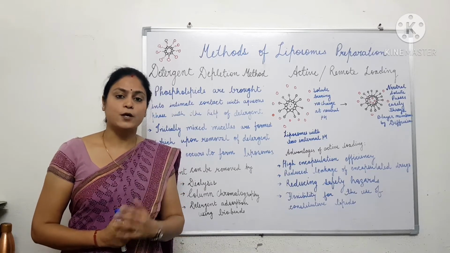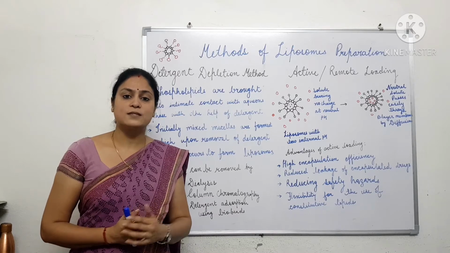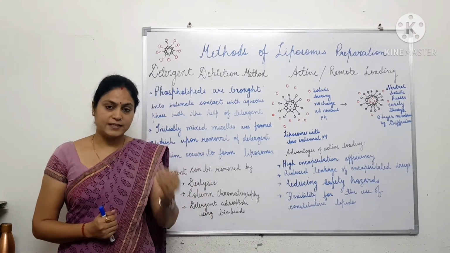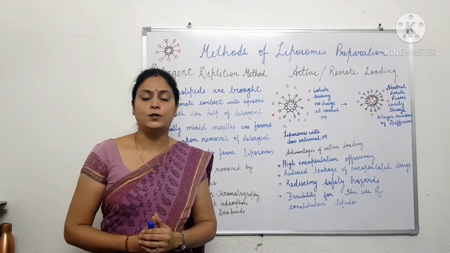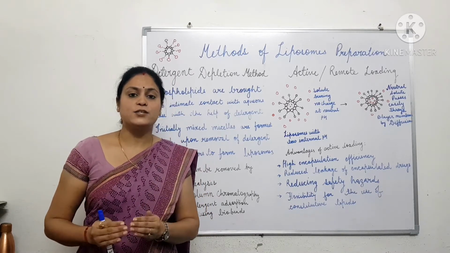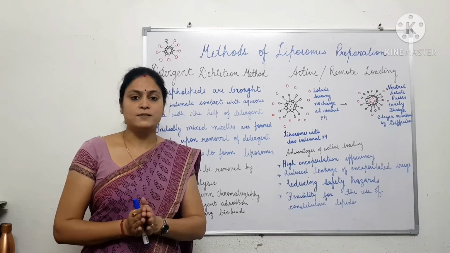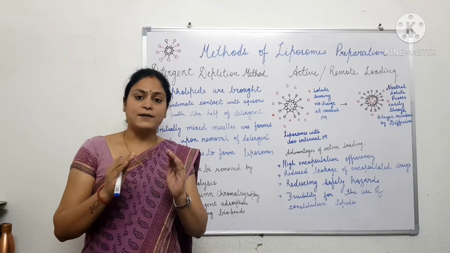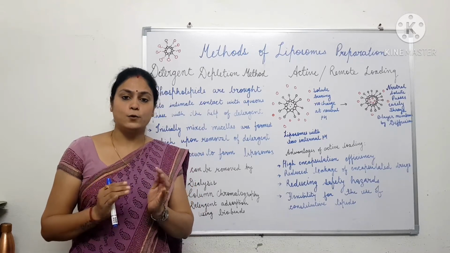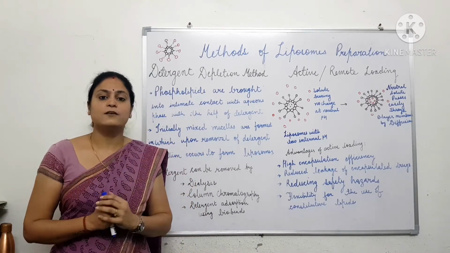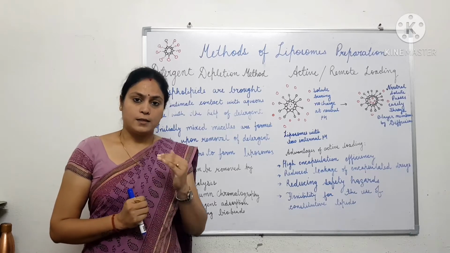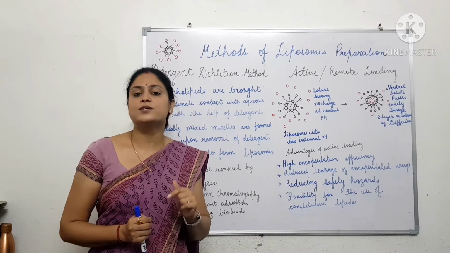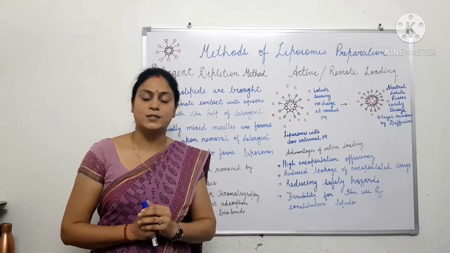Let us recall what CMC is. As the concentration of detergent dissolved in the water is increased gradually, a certain point comes when the detergent molecules start forming aggregates, a micellar formation, orienting in a spherical micellar form. This concentration is called the critical micellar concentration.